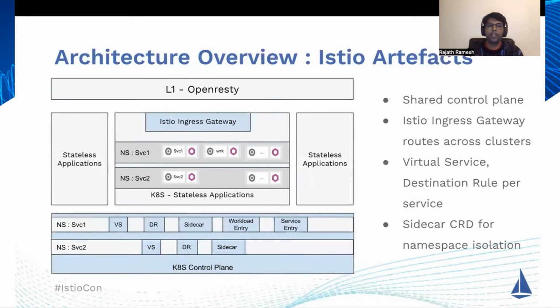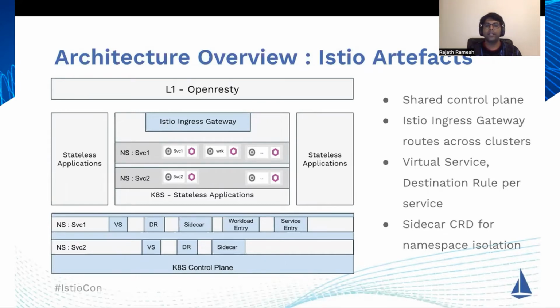Before going on to the actual solution details, let me give you a high-level overview of our architecture from the perspective of how Istio is used. We use a shared control plane architecture where the entire control plane is deployed in an isolated Kubernetes cluster, and all the related Istio artifacts are also deployed in the same cluster, that is virtual service, destination rule, and sidecar, which exist for almost all of our services.